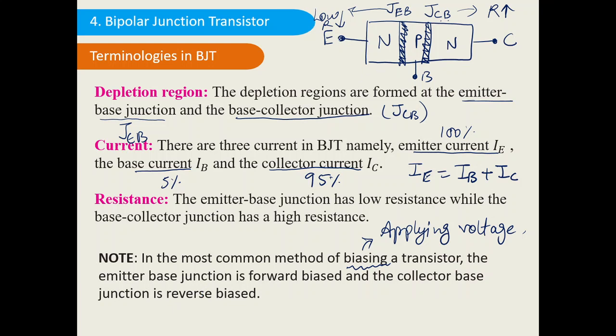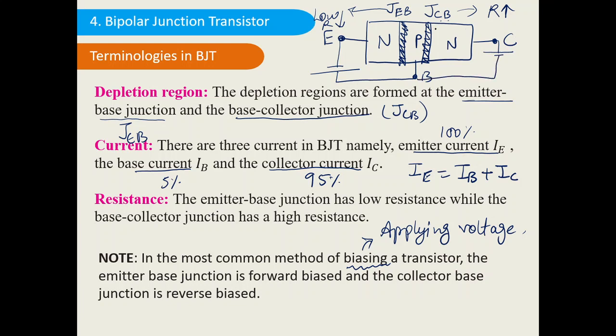Forward bias means negative has to be connected to negative terminal of battery, positive has to be connected to positive terminal of battery. So this will be called the forward biasing of the emitter base junction, while the collector base junction is reverse biased. Collector base junction is reverse biased means negative is connected to positive terminal of a battery and positive is connected to negative terminal of a battery.